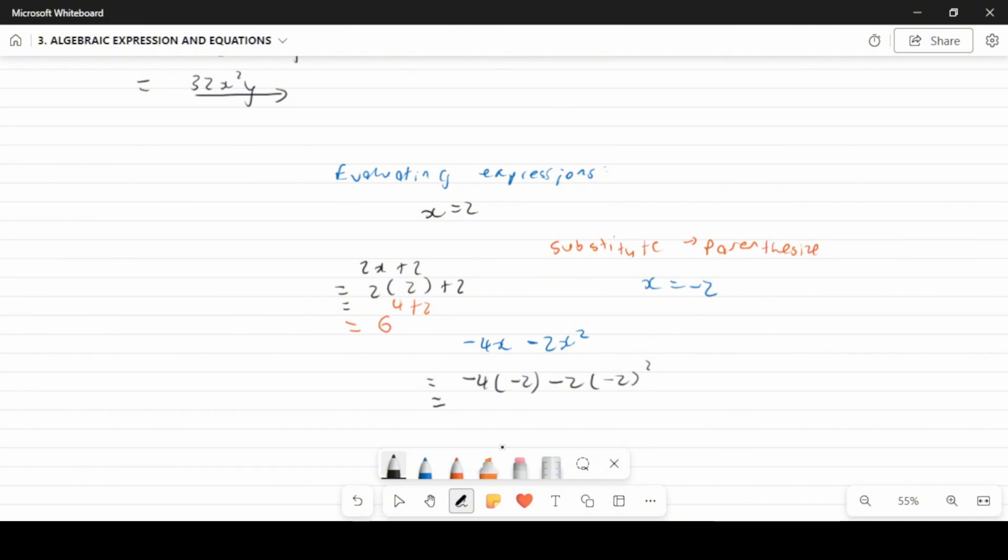These are common errors that you'll make, and trust me, under exam conditions, you will be surprised at the number of errors that you can make. So minus times a minus is a plus, 4 times 2 is 8, minus 2 into minus 2 squared is 4. Then 8 minus times a positive is a minus, 2 times 4 is 8. And 8 minus 8 is 0.